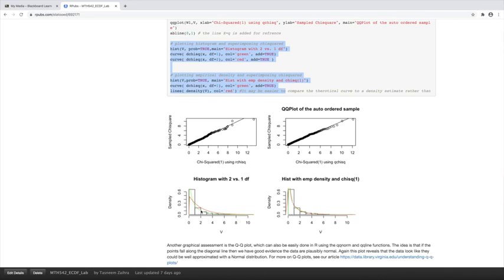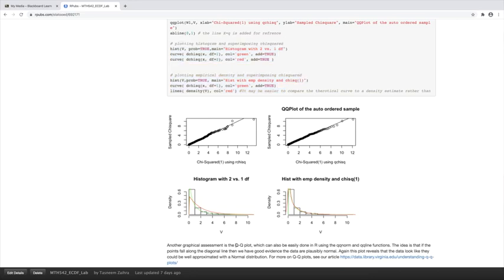In this one it's just the two chi-squares with 1 and 2 degrees of freedom. The red one is the empirical density, and the green one is the theoretical density. And do they look very similar to chi-square? Does your histogram look similar to that? So that's one way of assessing whether what you have observed follows a certain distribution.